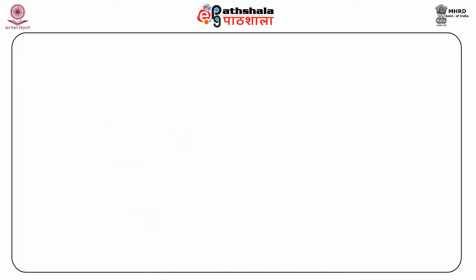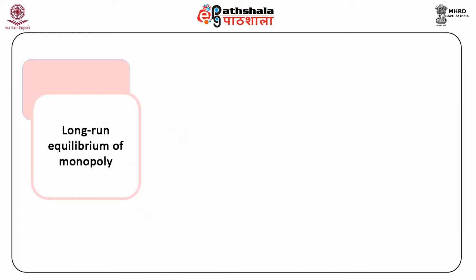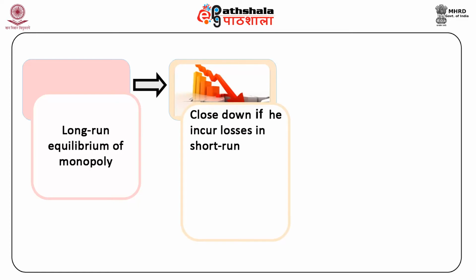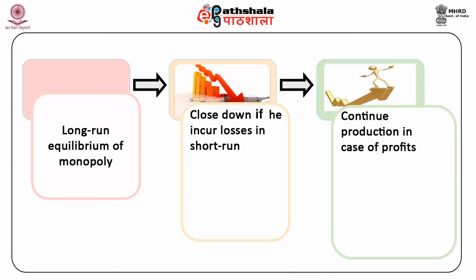Now, we will discuss the long-run equilibrium of a monopoly firm. A monopolist always has the option to close down in the long run if he incurs losses in the short run and can continue production in case of profits.